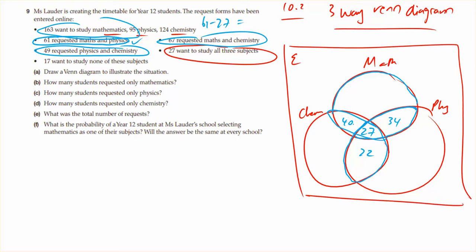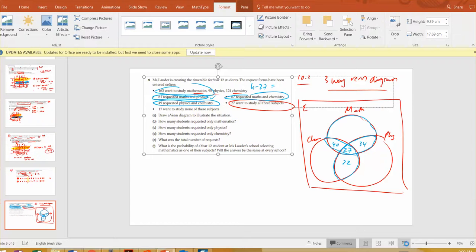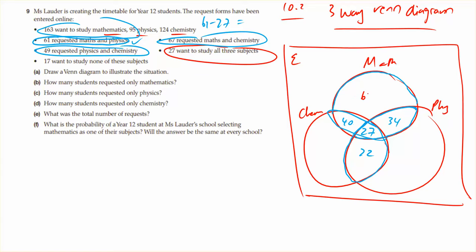So if I subtract 40, 27 and 34 from 163, I should get what is left over. So 163 minus 40 minus 27 minus 34, and I get 62. I get 62 here.